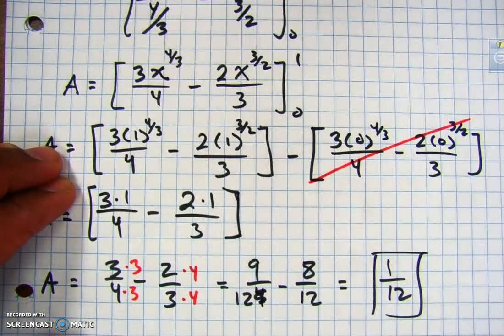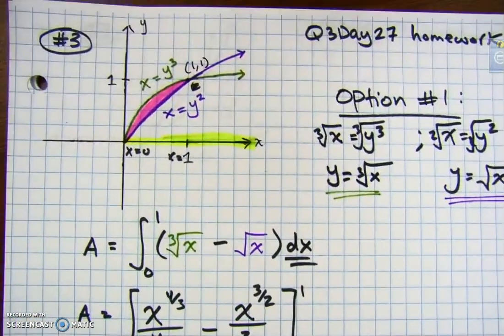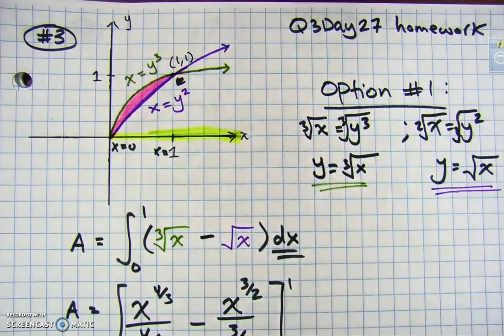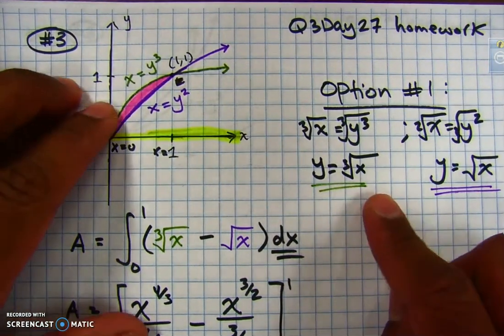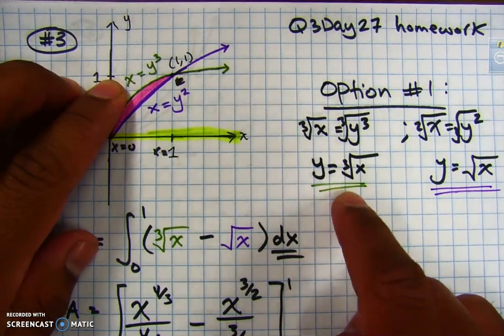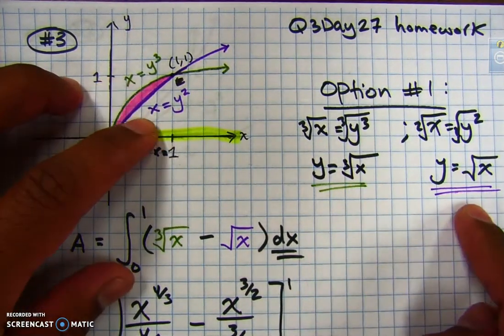Okay, so that's option 1. For option 2, we are going to look at the inverse. What do I mean by the inverse? Right now, x equals y cubed and y equals the cube root of x are inverse functions of each other.